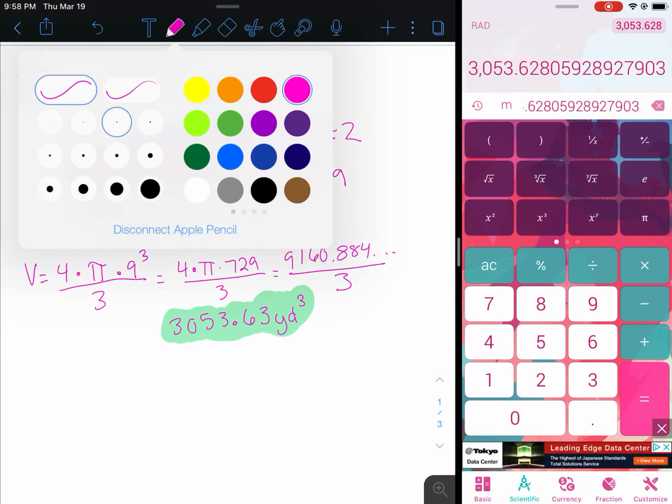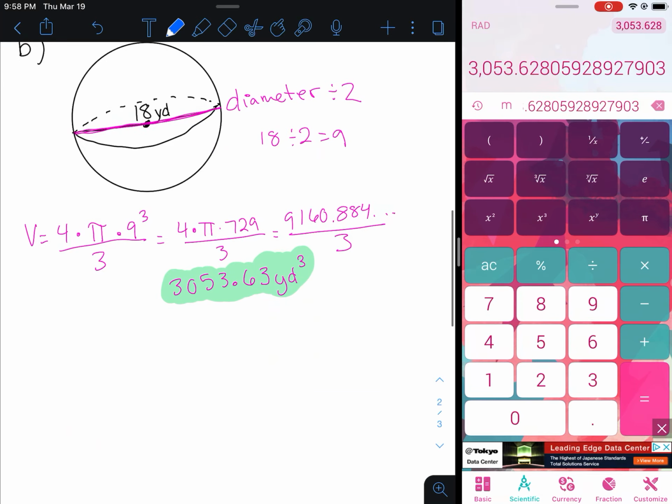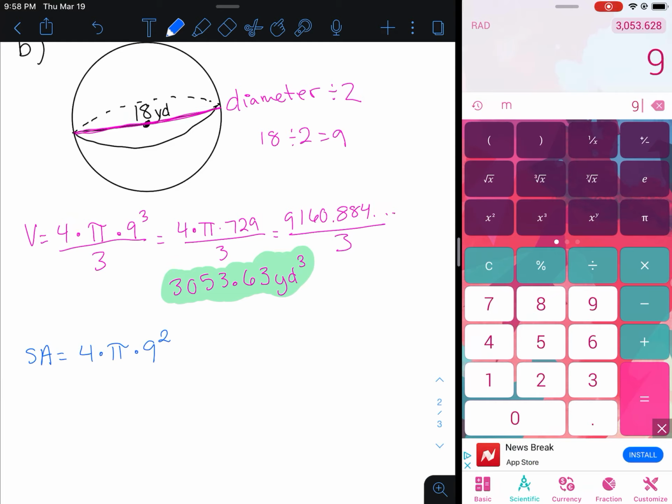Lastly, we're going to work with our surface area. So we're still using our radius, it's just this time our radius is 9 and we're squaring it instead of cubing. So 9 times 9, or 9 squared, is 81. So we have 4 times pi times 81.